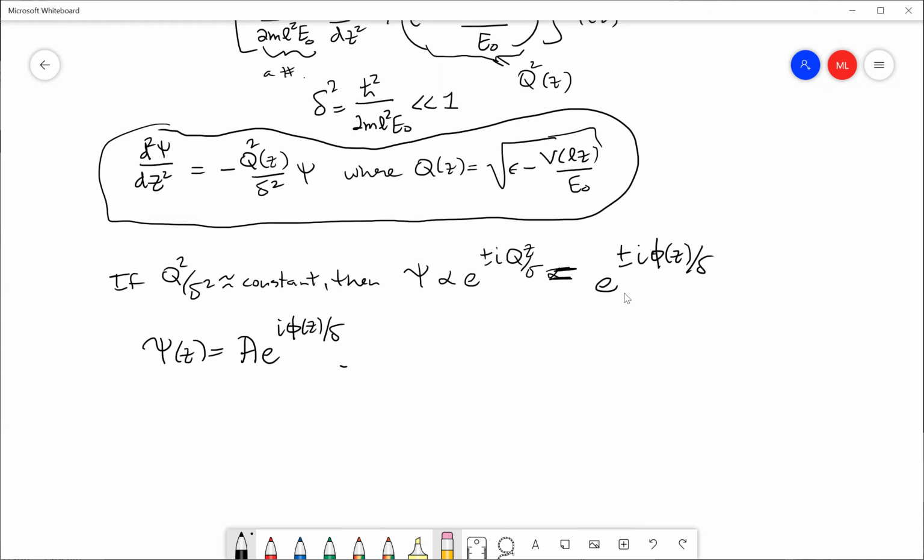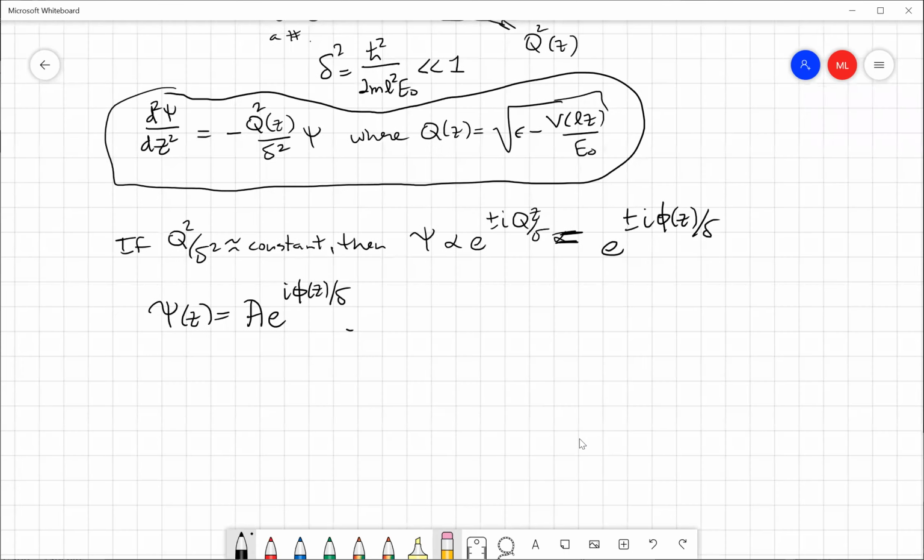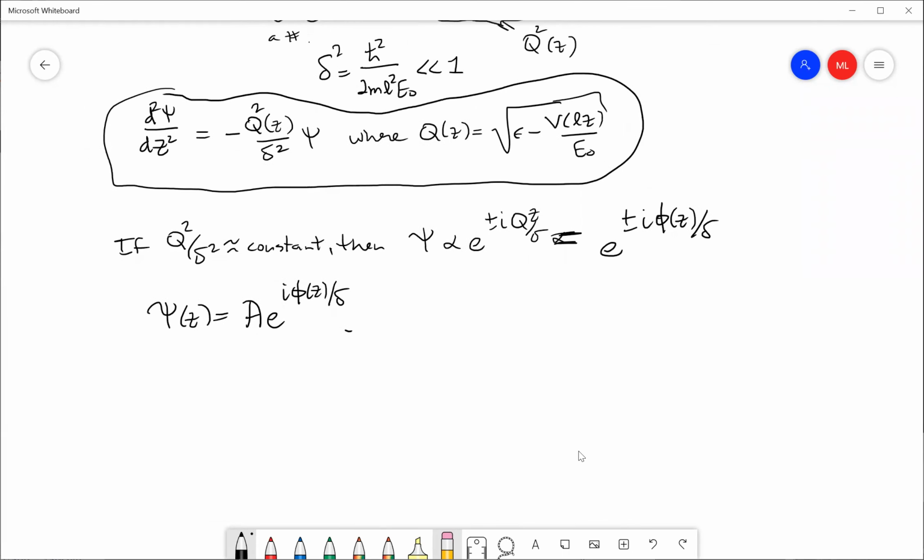Now we haven't done anything. This is still exact, just a variable transformation.